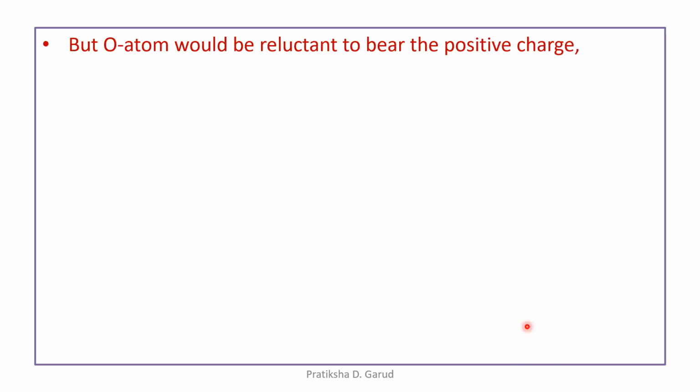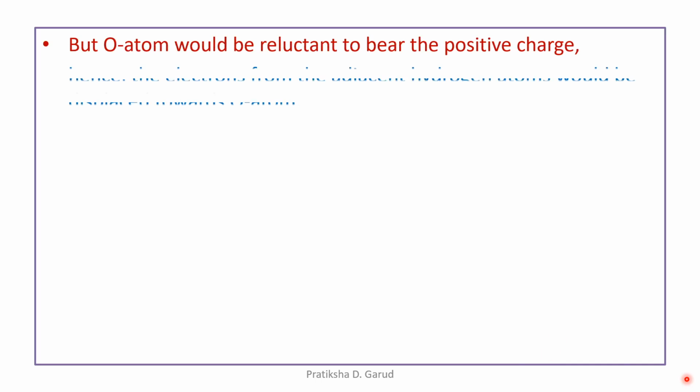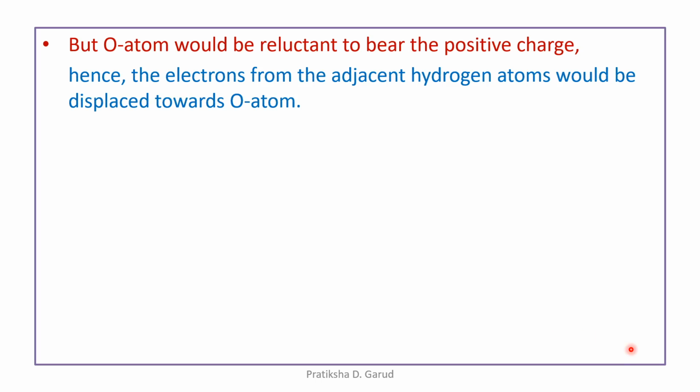But here we can say that the oxygen atom would be reluctant to bear the positive charge, because it is an electronegative atom. So the electrons from the adjacent hydrogen atoms would be displaced towards the oxygen atom. That means the oxygen atom is attracting electrons from the adjacent hydrogen.